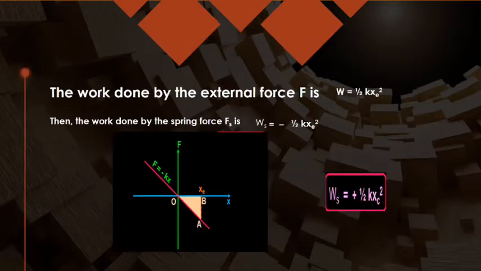If I want to do the graph plotting for the force and the displacement, I am getting force negative of kx. So the graph you are getting like this, and the area under the force displacement graph also gives you the work done. This work done is stored as the elastic potential energy. So this should be clear.